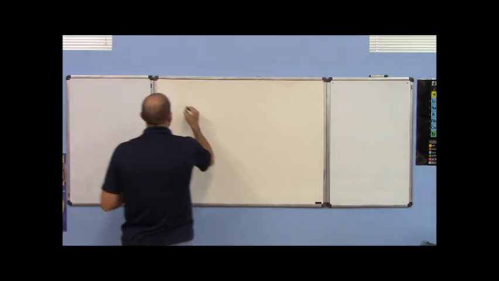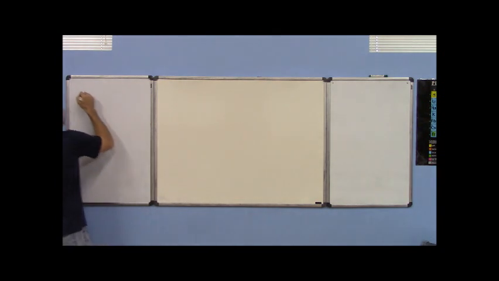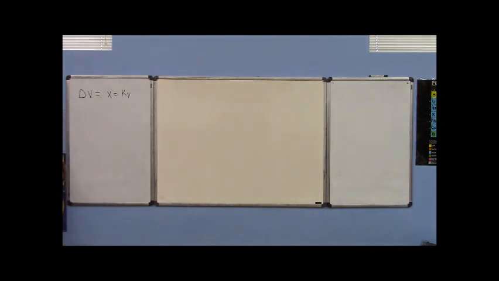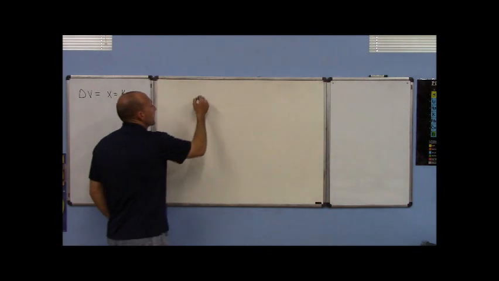This is when, and I want you to write this piece, I'm going to do DV for direct variation, x equals k times y. All this means is that when y increases, x increases. Okay? When y increases, x increases. So let's look at this.